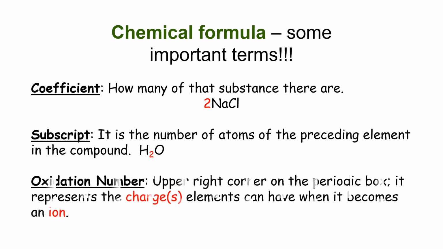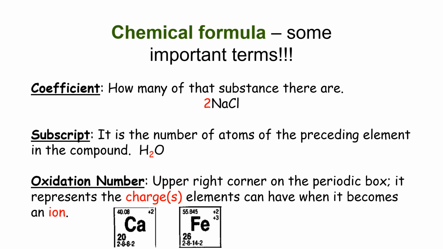And then finally, we have the oxidation numbers, which are given if you go to your periodic table and look at the upper right hand corner for each element. You will find some numbers, and those numbers are the oxidation numbers, and they tell us what some of the charges are that those elements can take when they become ions. So if you go ahead and find calcium in your periodic table, you'll notice that calcium only has an oxidation number of +2, which means calcium can only form an ion with a charge of +2.